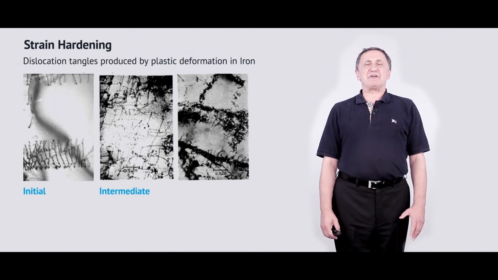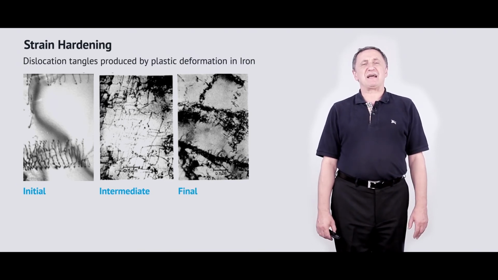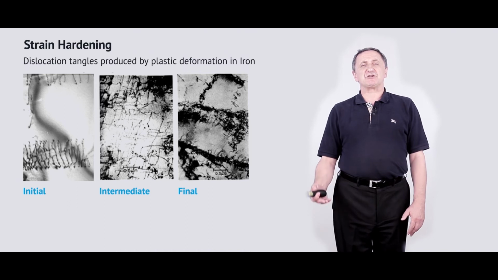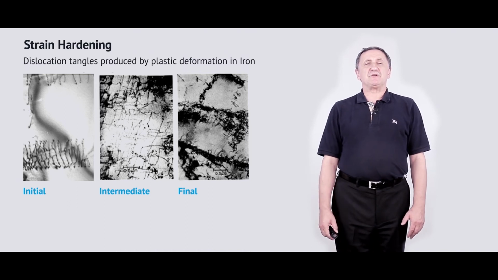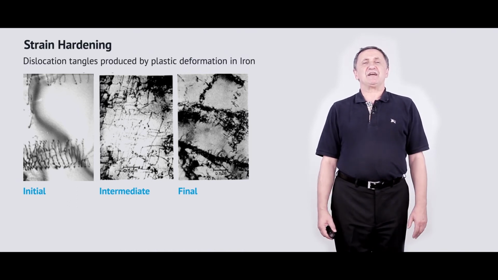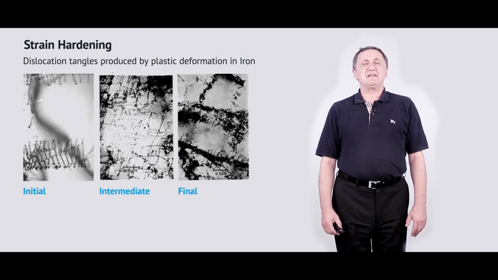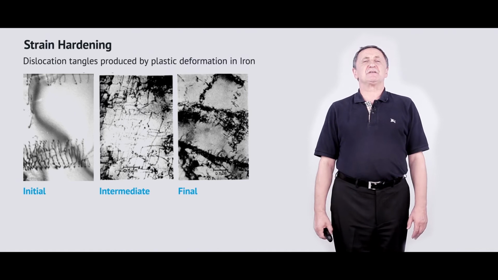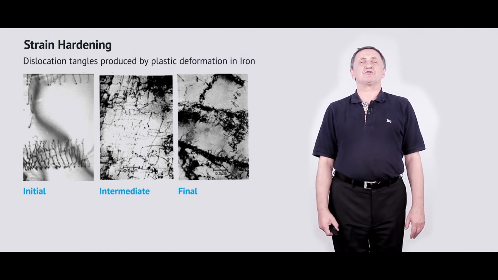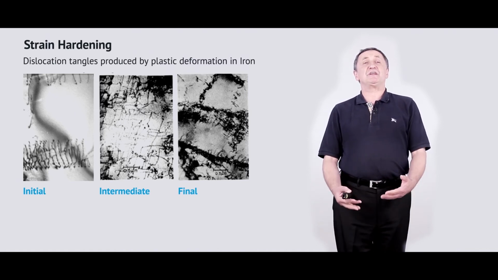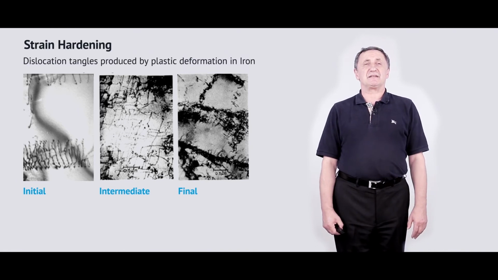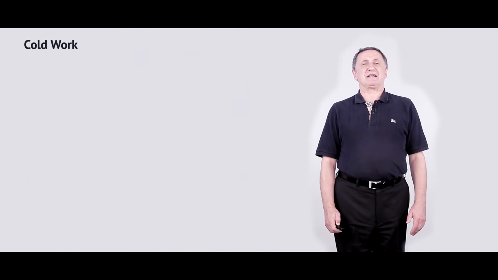However, at some critical point, the number of dislocations per volume appears to be so high that dislocations start to interact with each other. This interaction hinders the motion of the dislocations, which leads to material hardening. And this approach has a name: strain hardening.